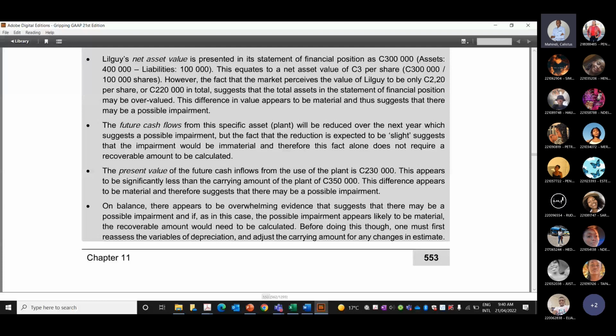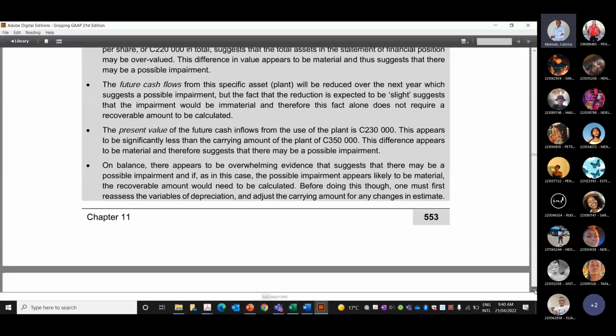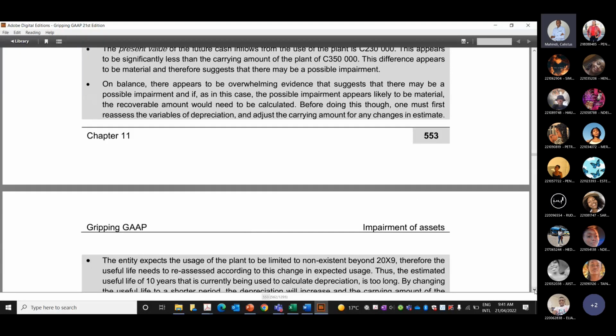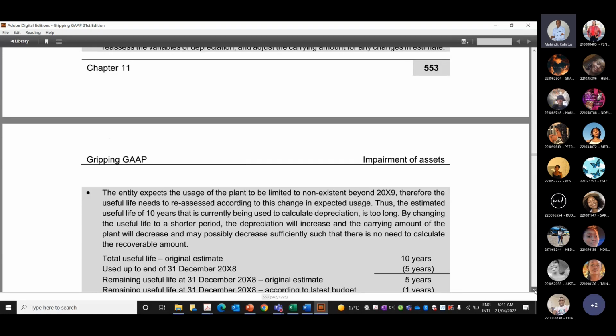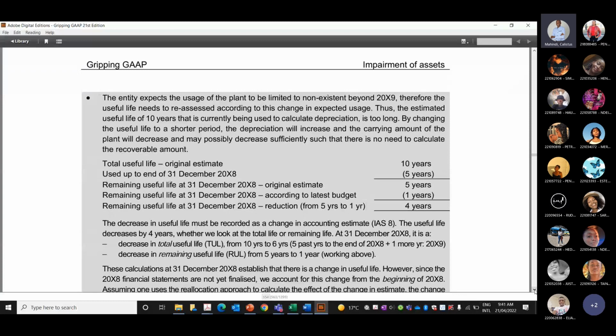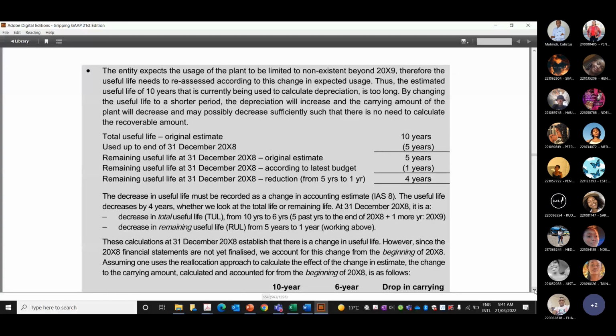So what is the reason for reassessing the variables of depreciation? Can anyone tell me? Anyone?